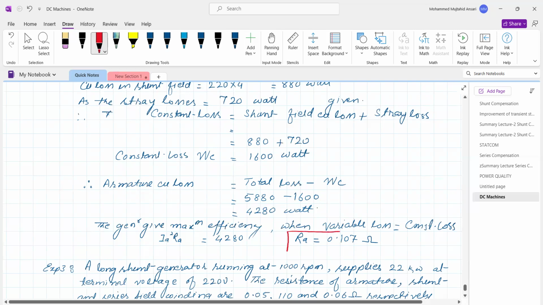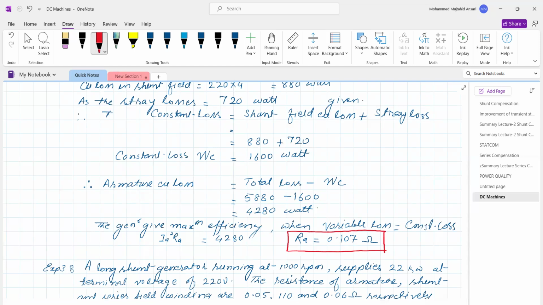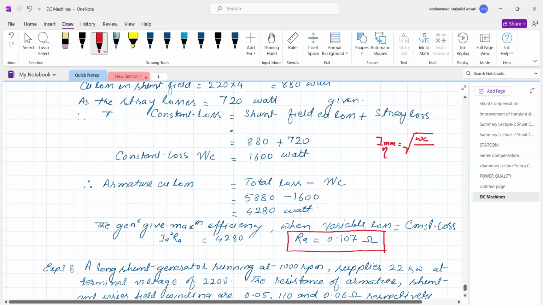The second parameter, it is asked to determine the current corresponding to maximum efficiency. So Ia at maximum efficiency is equal to under root Wc, the constant loss, divided by armature resistance Ra.